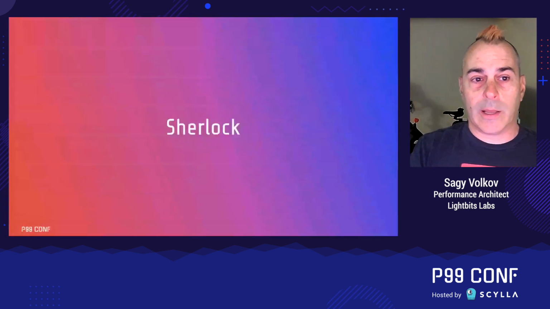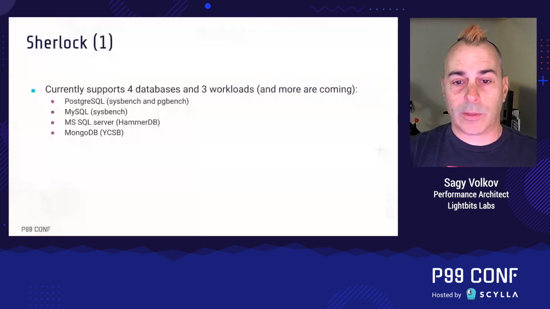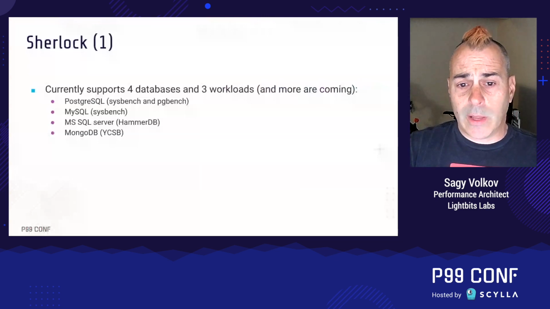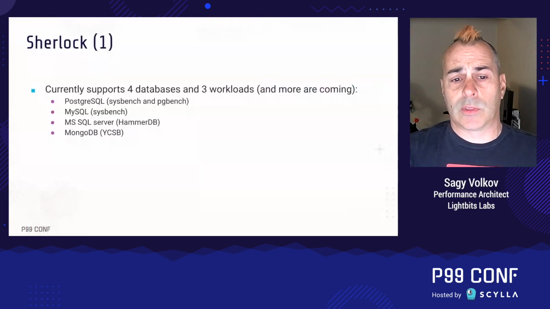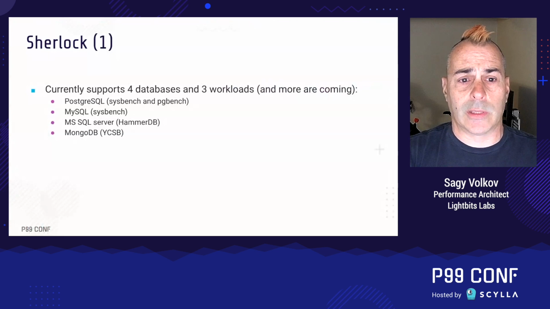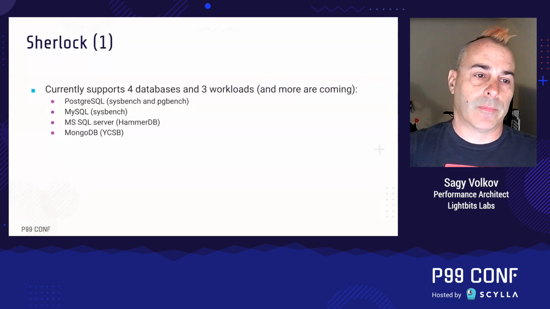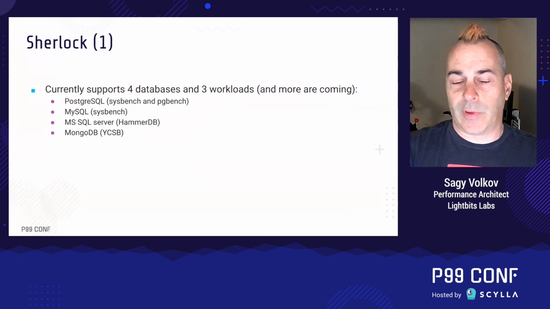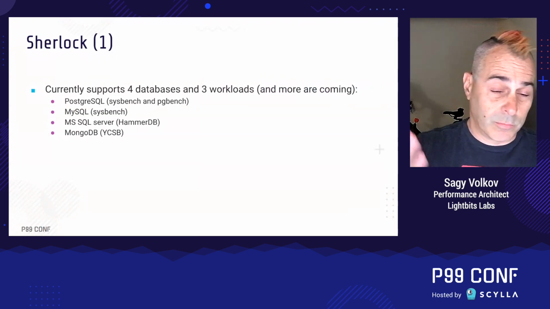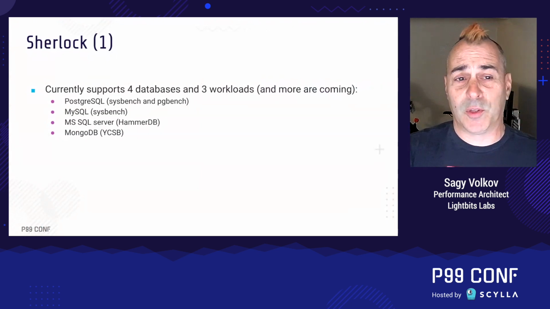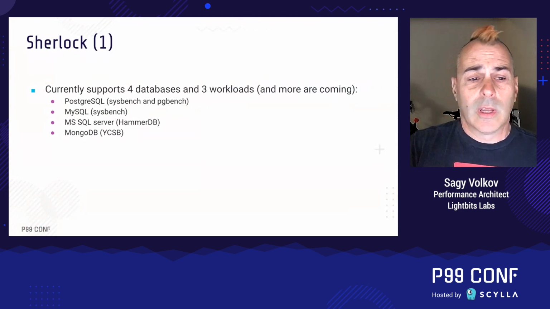So now let's talk about Sherlock. Right now, currently, Sherlock supports 4 types of databases and 3 workloads. I am in the process of adding more, and of course, you guys can feel free to enhance the project and add your own things.